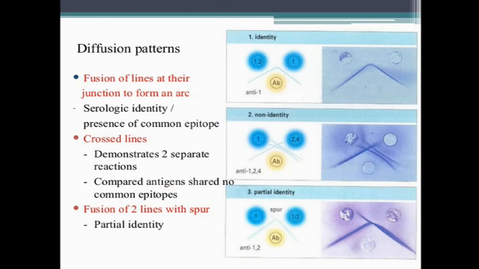Mainly the double immunodiffusion technique is used to compare the antigens in the solution, by which we can identify whether the antigens are similar, not similar or partially similar.